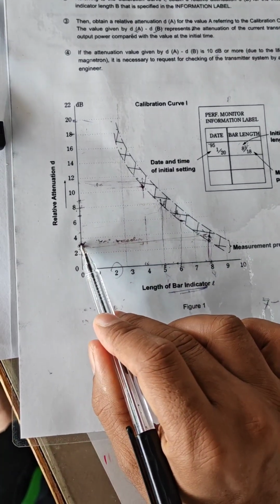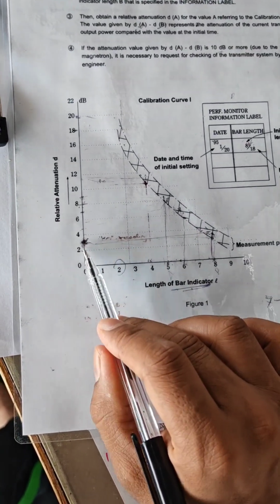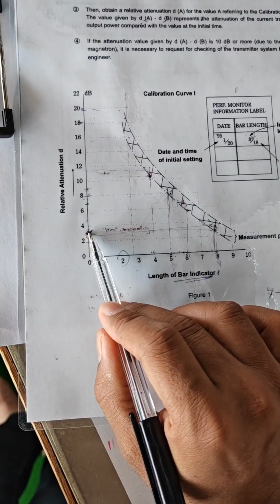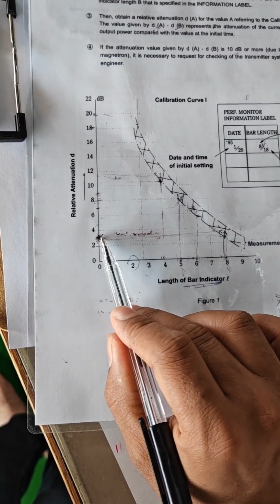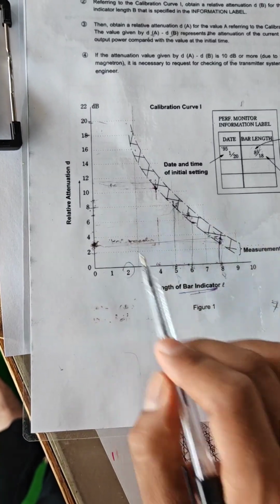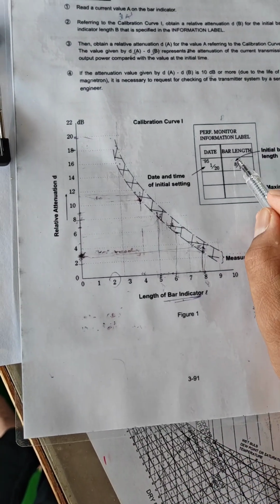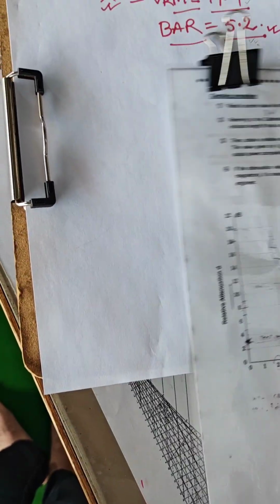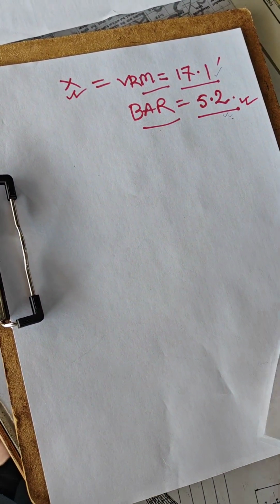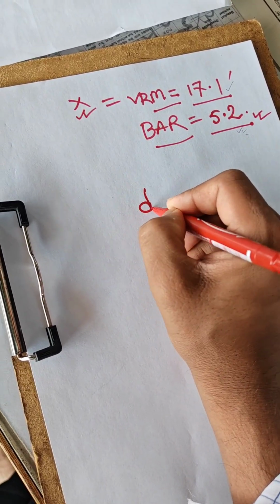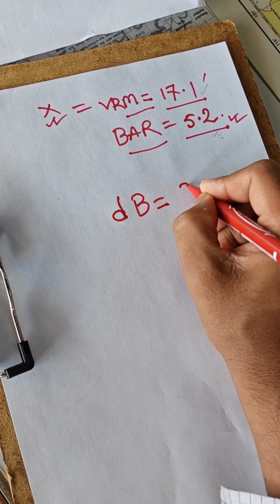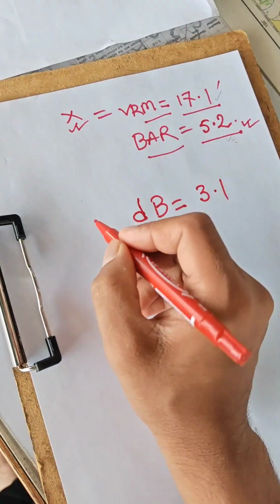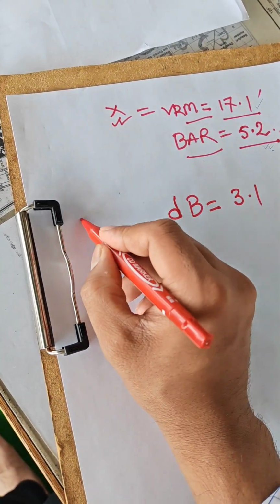Here is 2, here is 4, so it's around 3, so we write 3.1. So 3.1 is the initial dB for the initial bar length 8.